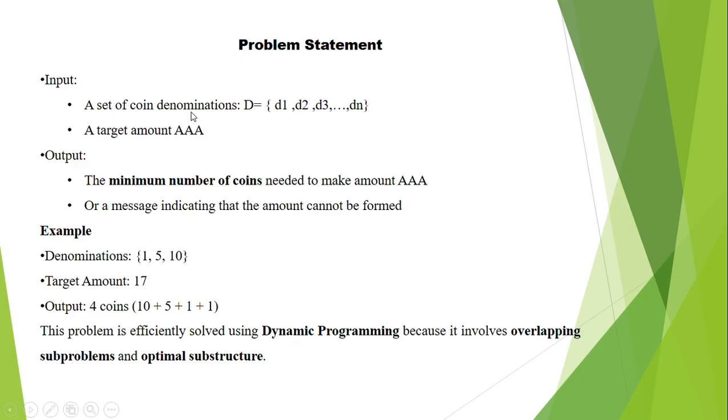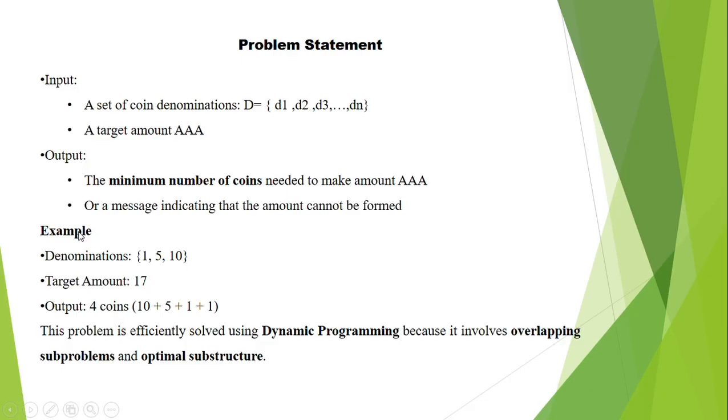And there is one more rule for denominations, that they must be unique. Means D1, D2 values cannot be the same, and D1, D2, D3 and Dn are infinite in supply. Here we want to achieve a target amount using the minimum number of coins.